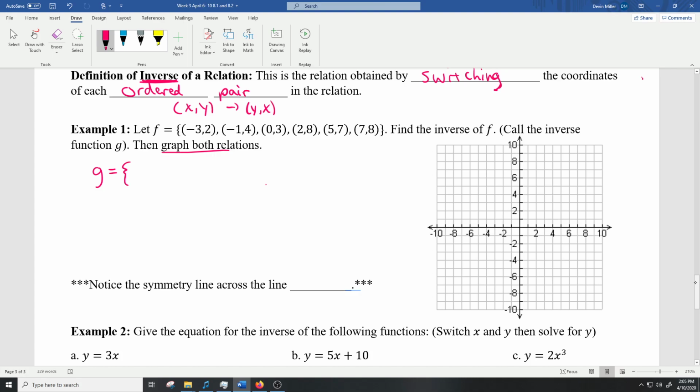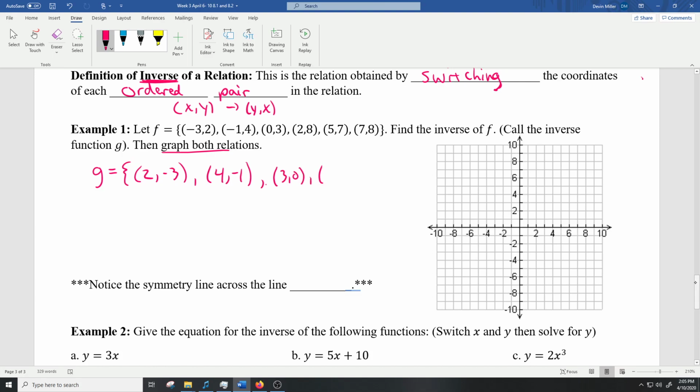G equals the set. If we go through all of f's coordinates, the first one is (-3, 2). Switch that around, that'd be (2, -3). Then you just keep going the same way. The inverse of (-1, 4) is (4, -1). Keep going, switch that around, (3, 0).